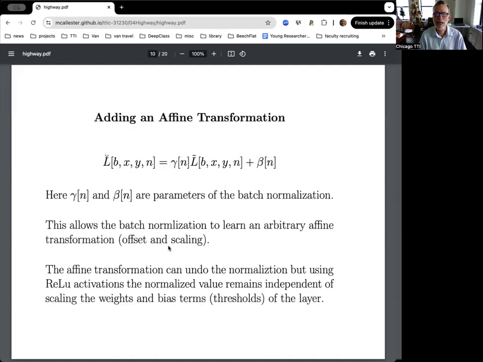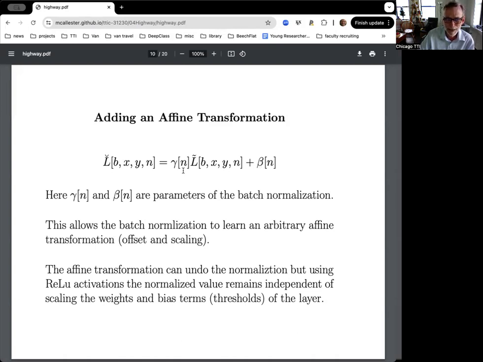All right, now there's something strange about all these normalization layers. What's strange is I said the point was to make the values well behaved, to make the values not get too large or too small. In spite of that, they add an affine layer after the normalization.